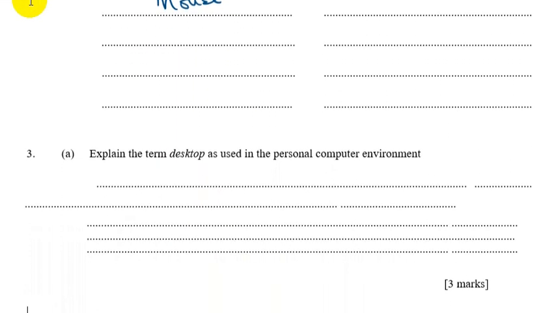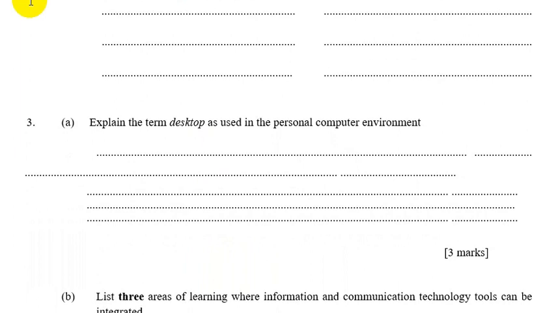Now we have: explain the term desktop. We should explain the term desktop as used in a personal computer environment. We can just say it's the background of a display screen.